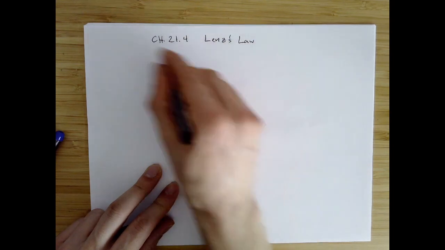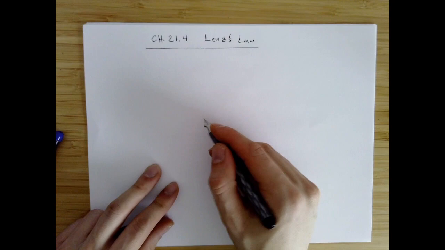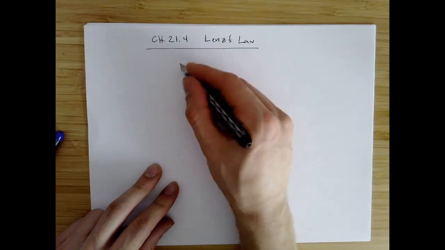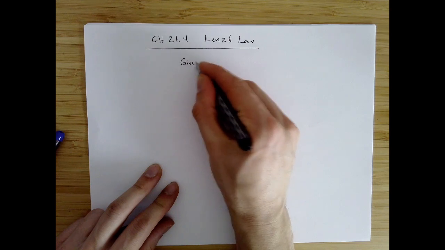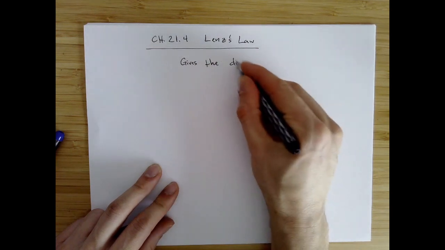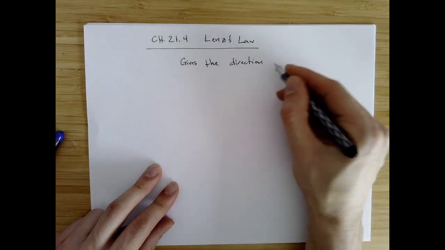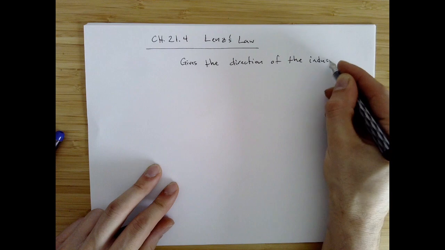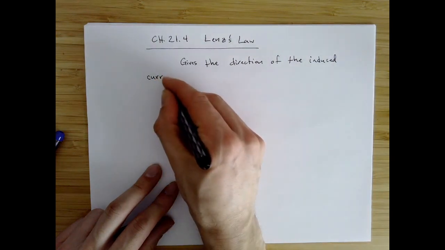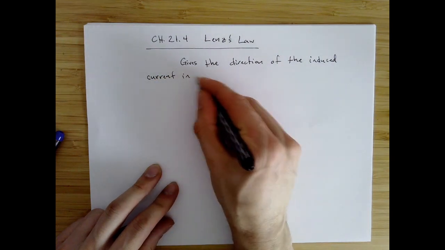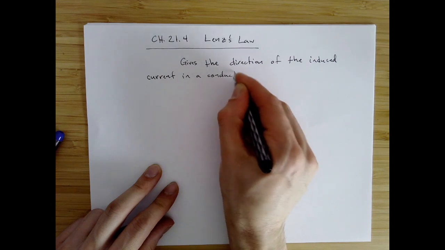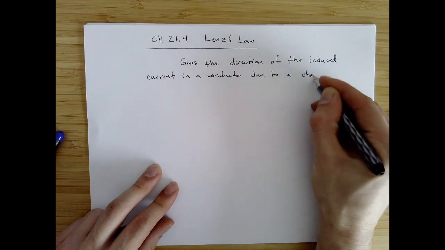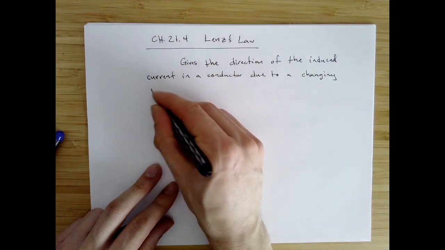And Lenz's law in general was the negative sign in front of Faraday's law, which is strange, but really what Lenz's law does is it gives the direction of the induced current in a conductor due to a changing magnetic flux.